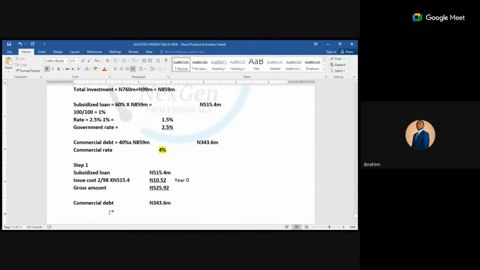Now, issue costs: 2/98 times 515.4. What do we have here? It's 343.6. 0.6. What do we have here? 7.01.